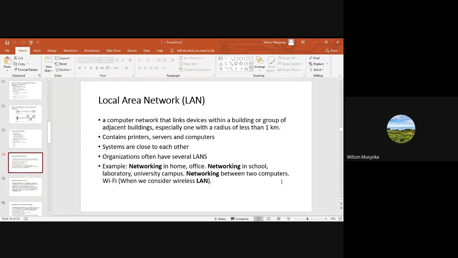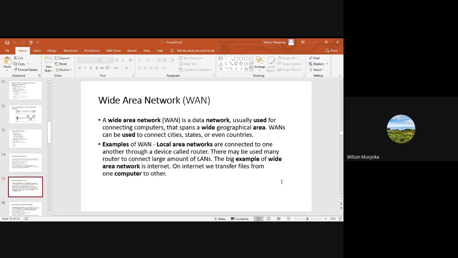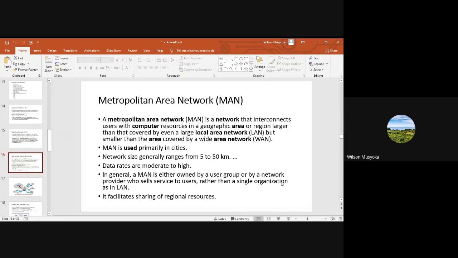So as long as they are within a radius of 1 kilometer, it doesn't matter the number. It is going to be a local area network. Like I had said, the internet is a good example of a wide area network. Then we have the metropolitan area network.